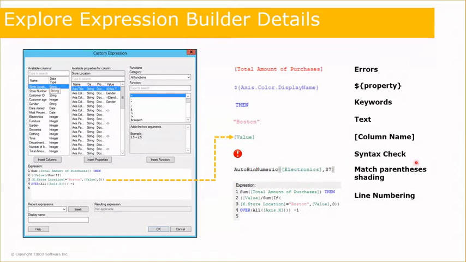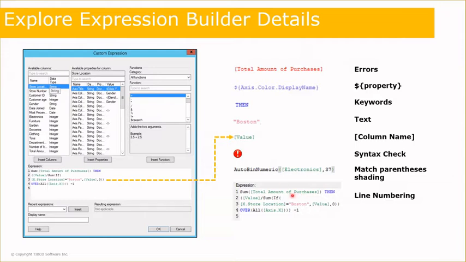Now if there is any error in your expression, the error is identified by this red color, and also an exclamation mark appears on the right side of the expression builder over here if there is a syntax error. When you hover over this exclamation mark, you will be able to see the error.